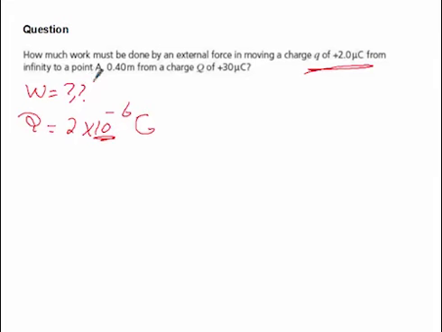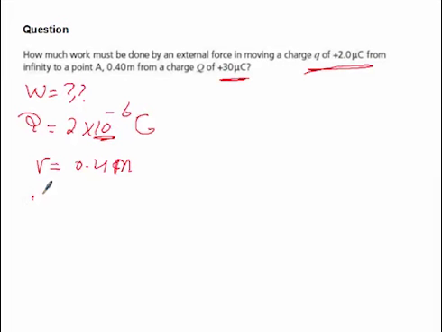So when we bring it from infinity to a point, that means we are talking about the potential at that point, point A, which is 0.4 meter from a charge Q of 30.